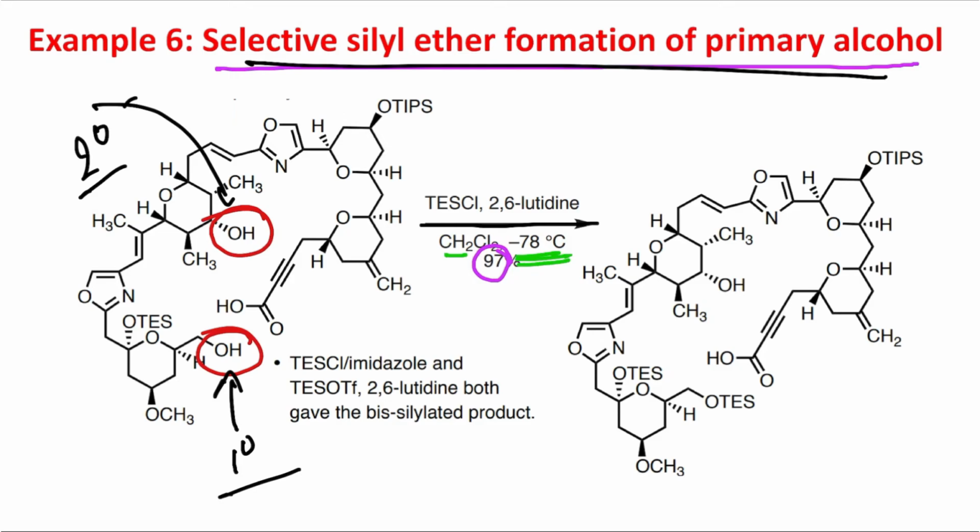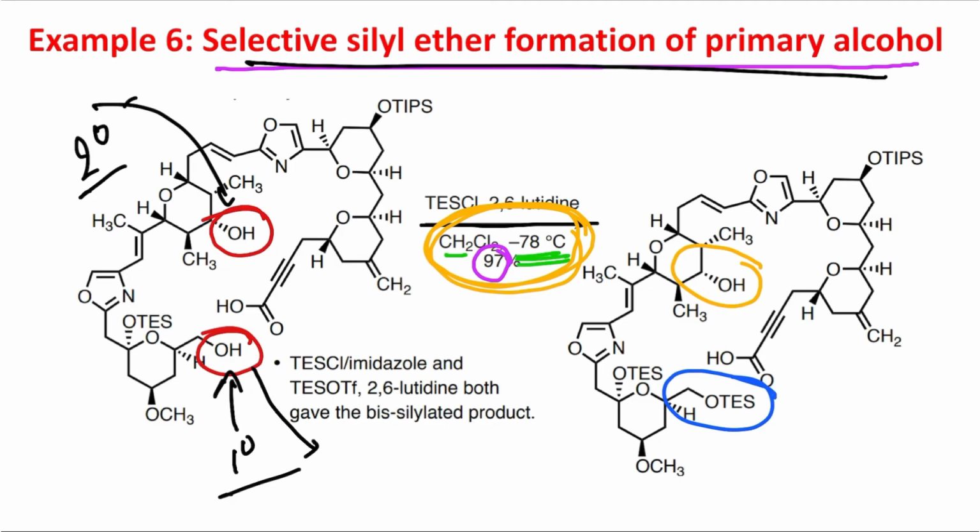In this case selective silylation happens on this primary alcohol, and you can see that under this milder reaction condition, the secondary alcohol doesn't undergo silylation, and this OH is free.